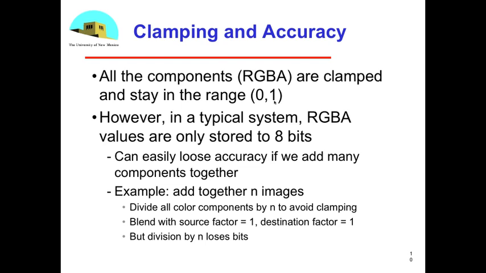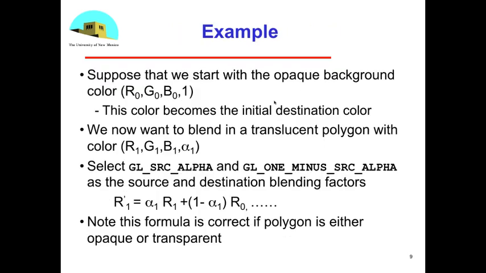Another problem, which is probably equally serious, is that these formulas, like the standard thing that you'll do up here, alpha and 1 minus alpha, turns out to be order dependent. And that gets you in a couple of ways. So what we're saying is that if I render polygon 1, then polygon 2, and polygon 3 in that order, when the alphas are not necessarily 1, then what I see is going to depend on the fact that I did polygon 1, 2, and then 3.